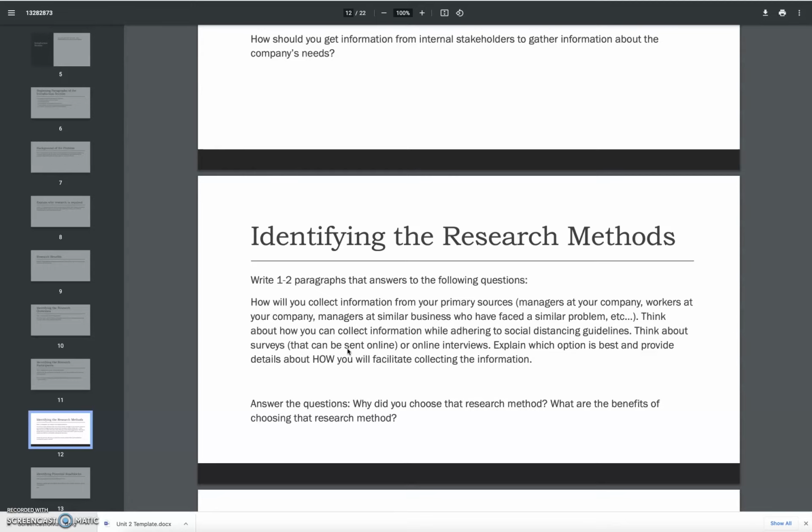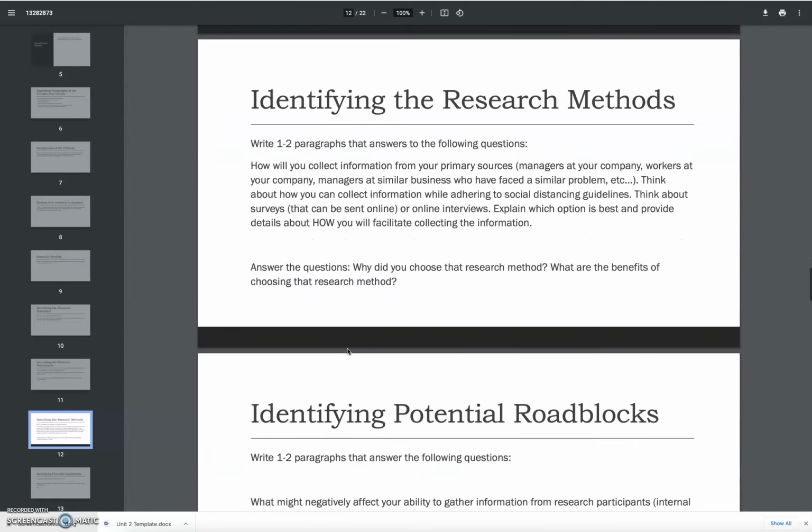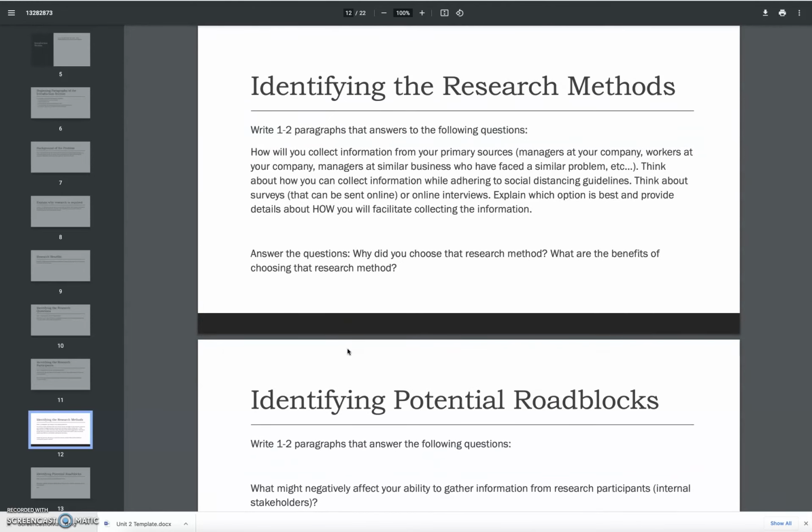So just use your imagination, but within the context of what we're talking about. You'll also need to provide a little bit of context. So to answer, why did you choose that research method and what are the benefits of choosing that research method?